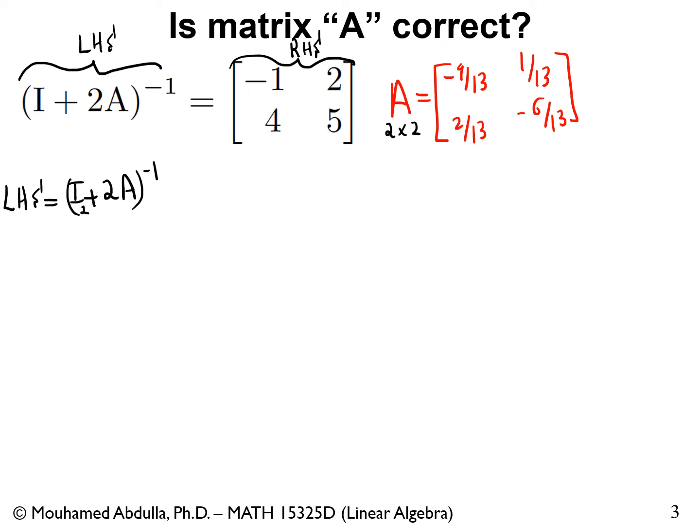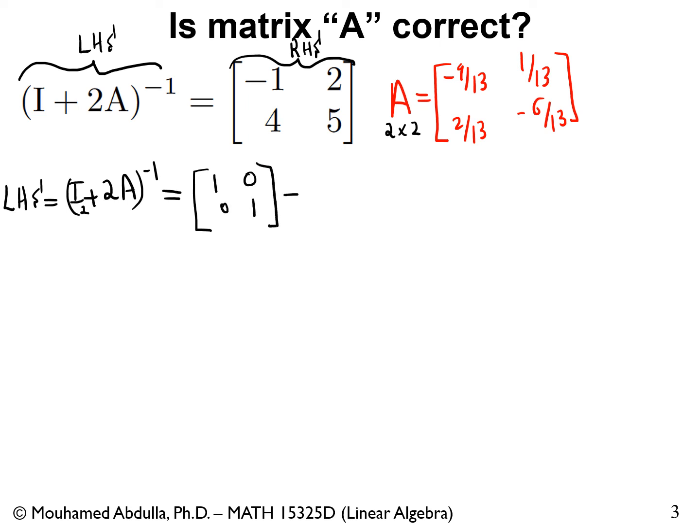We take the inverse, and the result should be a 2 by 2, which is shown here. Let's apply the steps and see if we get indeed this result. We have a 2 by 2 identity, so we have ones in the diagonal: 1, 0, 0, 1.